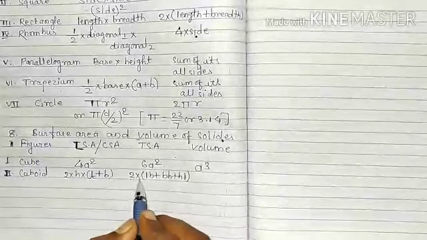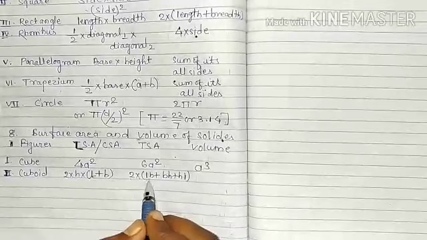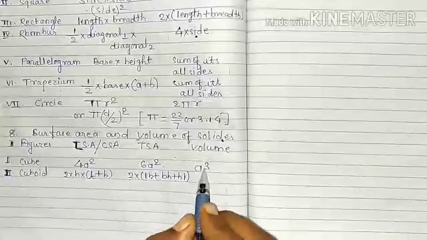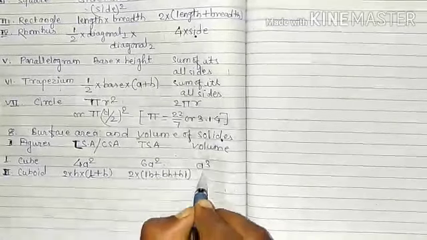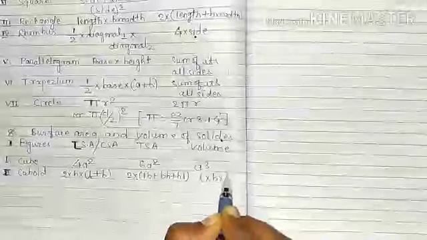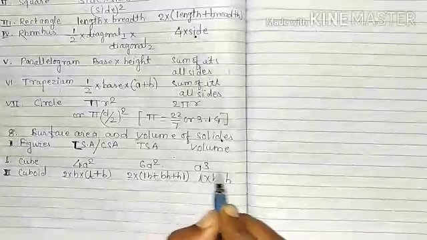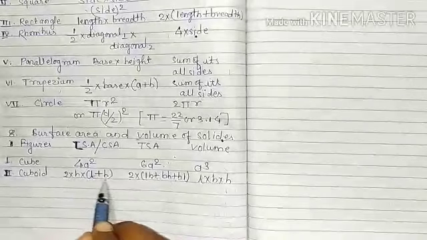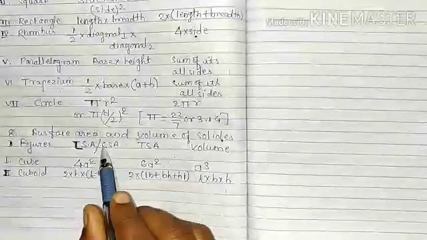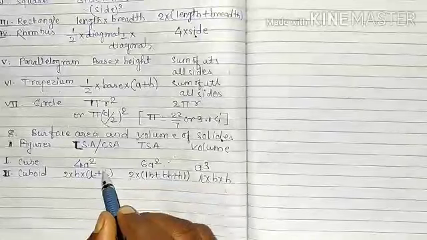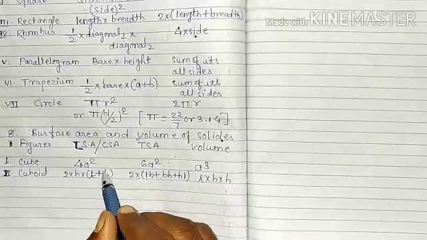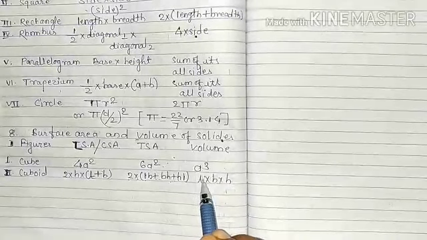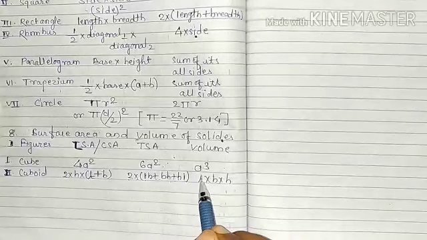It means 2 into the product of length and breadth plus the product of breadth and height plus the product of height and length, and volume of a cuboid is length into breadth into height, in cubic unit. Lateral surface area and curved surface area are measured in square unit, and total surface area is also measured in square unit, but volume is measured in cubic unit or liter, milliliter.